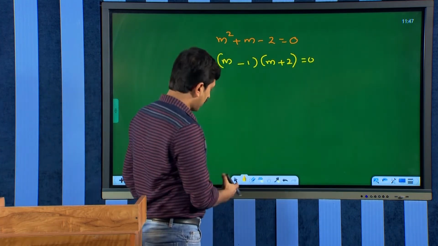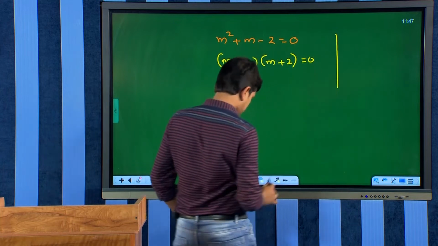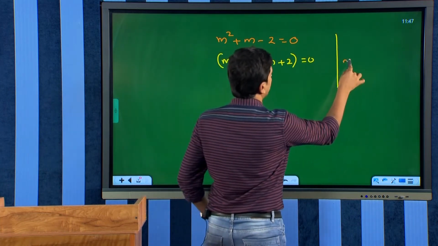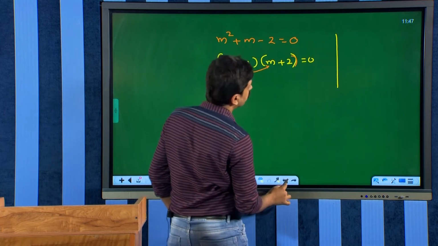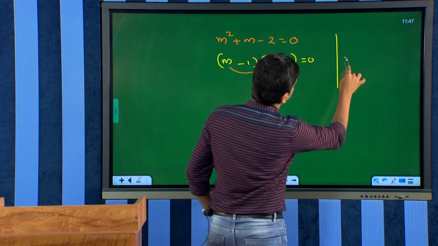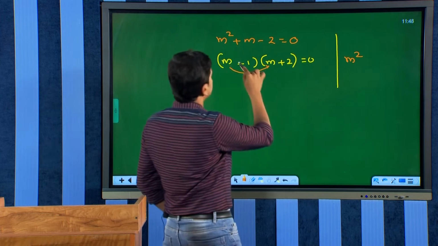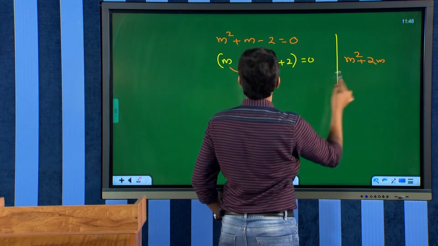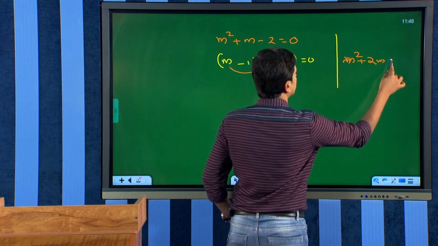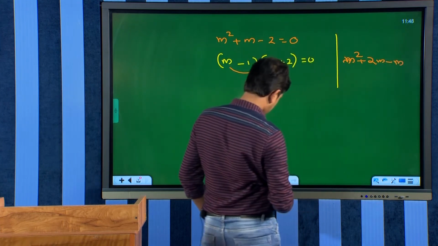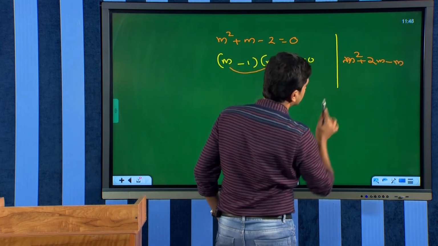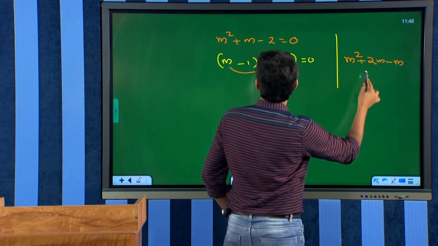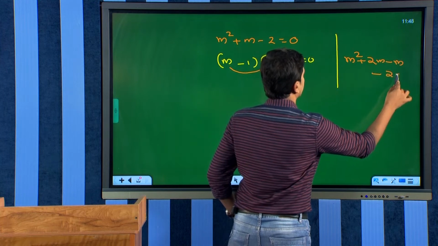You can check whether it is right or wrong using this concept. m into m is m square, m into plus 2 is plus 2m, m into minus 1 is minus m, and minus 1 into 2 is minus 2, equal to 0.